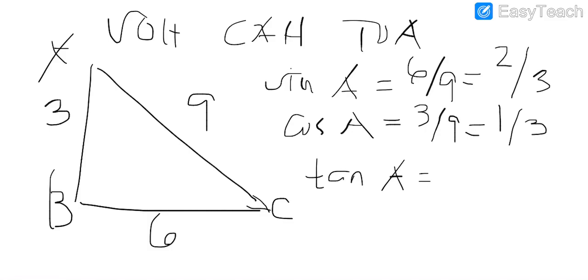Now let's have tangent of A. So tangent of A, TOA. Tangent of A is just equal to the opposite side of A, which is 6, divided by the adjacent side, which is 3. So we have 6 over 3, that is 2. Now we have its ratios.